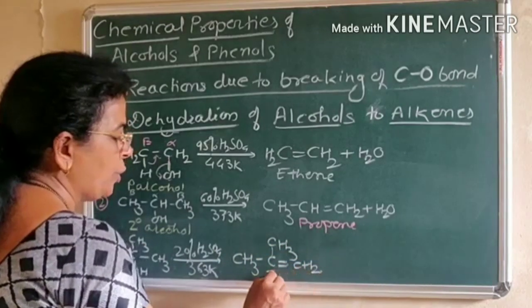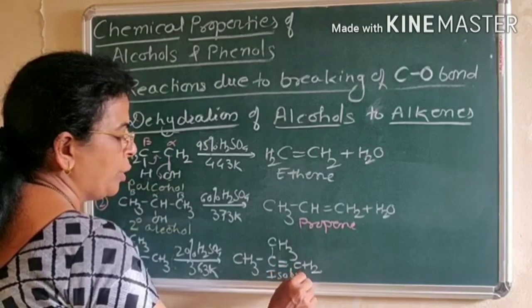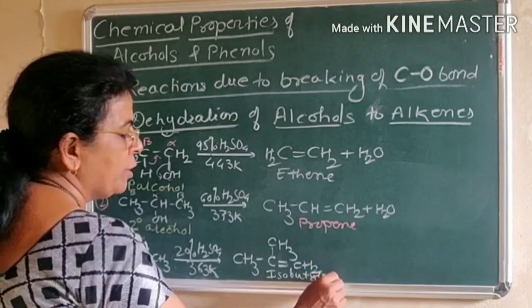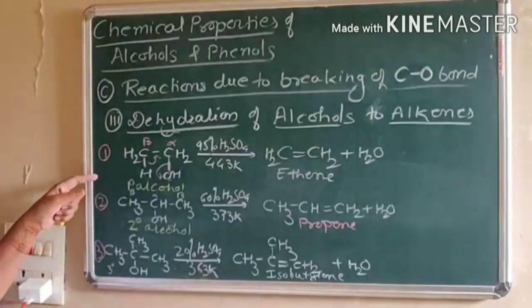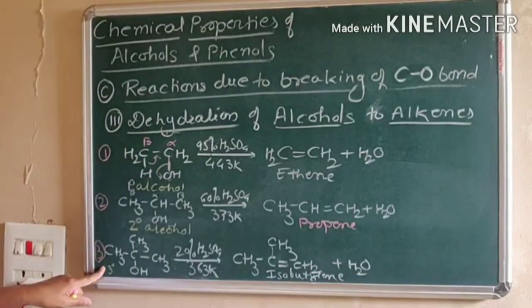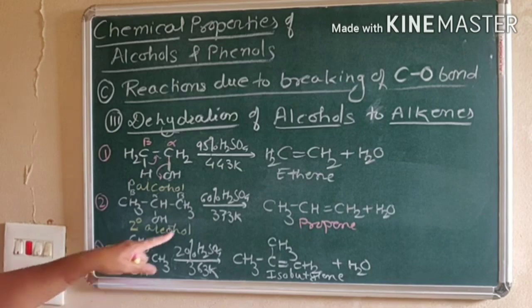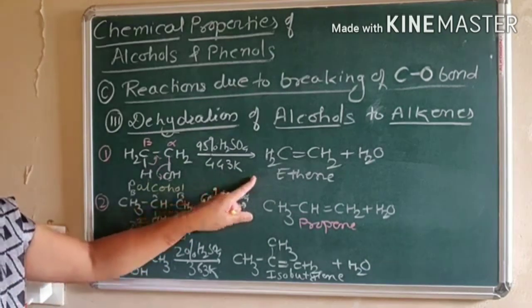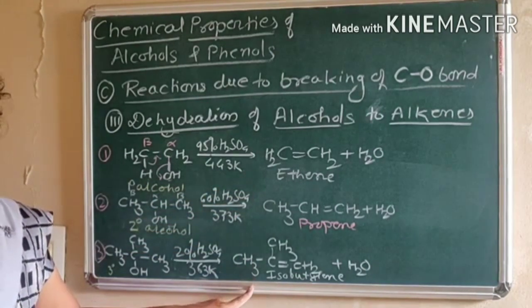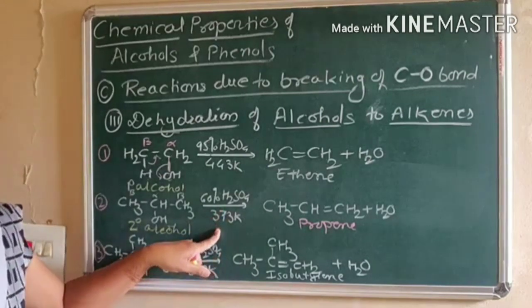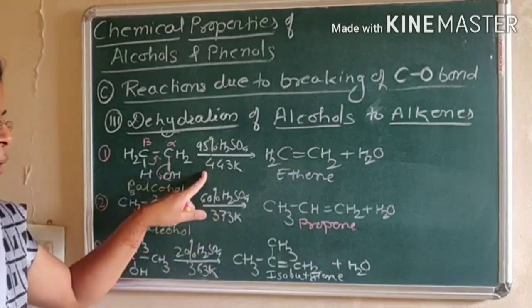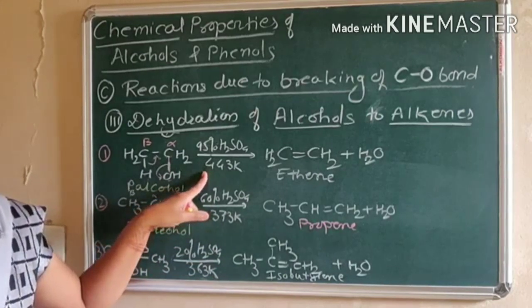That is isobutylene. Formation of isobutylene takes place with removal of H2O molecule. In this way, primary, secondary and tertiary alcohols undergo dehydration to form these alkenes. Now here tertiary alcohols are more reactive than secondary alcohols, and secondary alcohols are more reactive than primary alcohols.